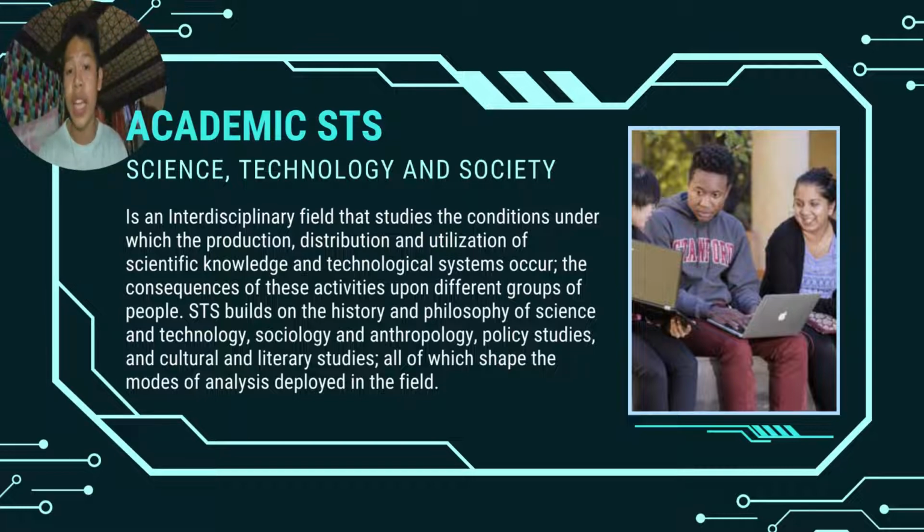STS builds on the history and philosophy of science and technology, sociology and anthropology, policy studies, and culture and literary studies, all of which shape the modes of analysis deployed in the field.